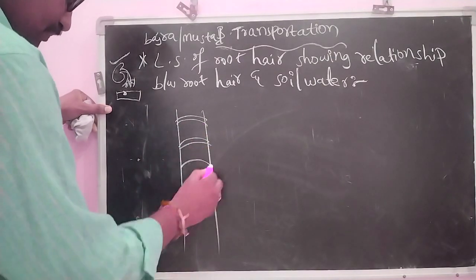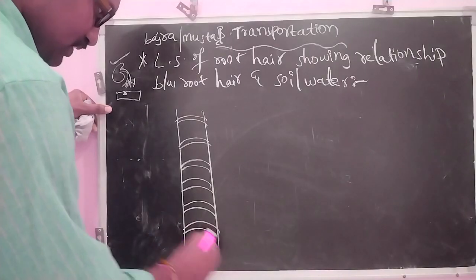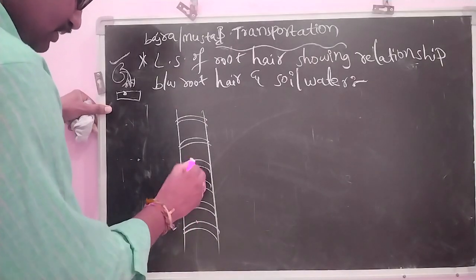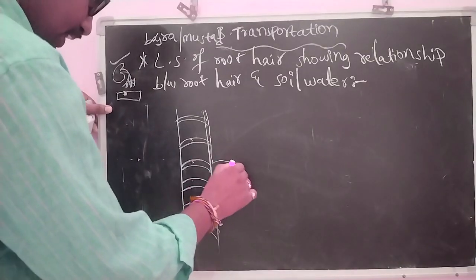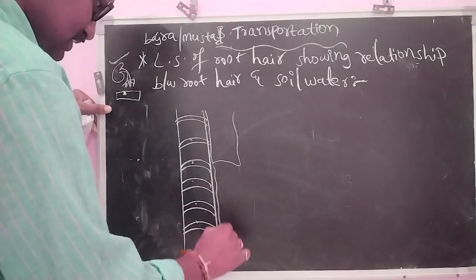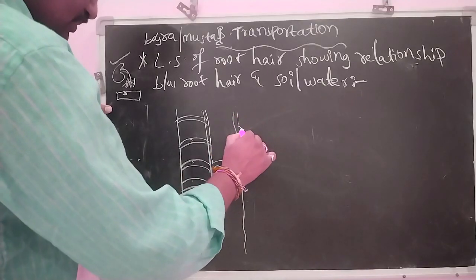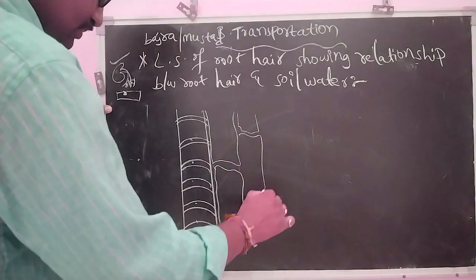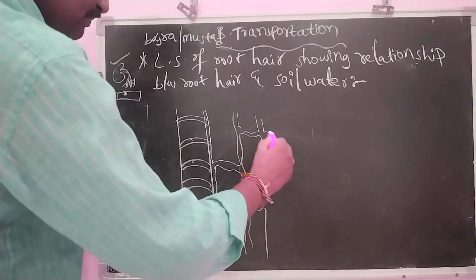These are the xylem vessels through which water moves upwards, and these are the epidermal cells or cortex cells.